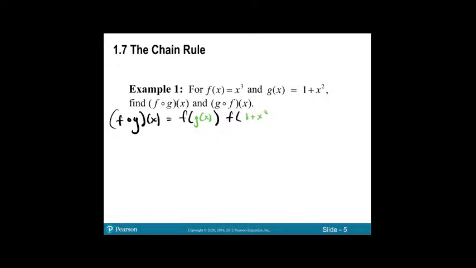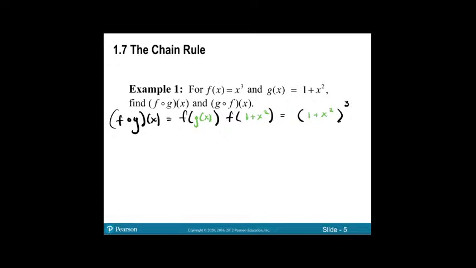Then f of x is x cubed, so I replace my x with a blank set of parentheses and cube it. What color goes into the blank parentheses? The green does. So 1 plus x squared, cubed. I think I might leave it like that. I'm not going to expand it out.